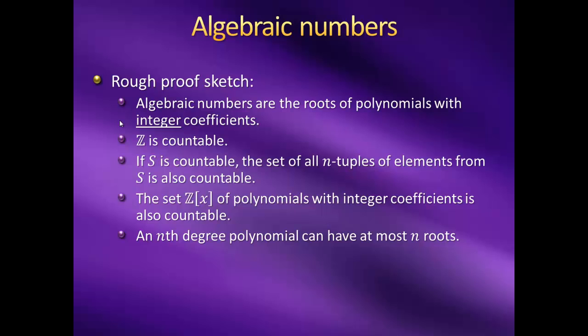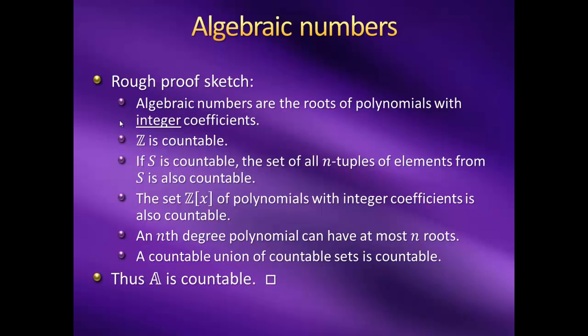So every one of those polynomials has a finite, and therefore countable, set of roots. Again, I'm omitting the details here, but what it comes down to is that since a countable union of countable sets is itself countable, we can conclude that the algebraic numbers are countable, and therefore certainly the real algebraic numbers are countable as well. So why does this matter?